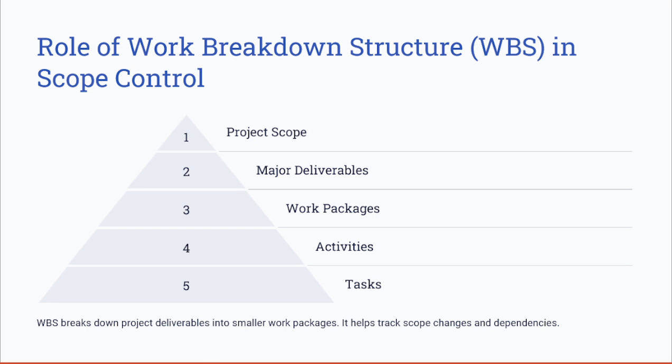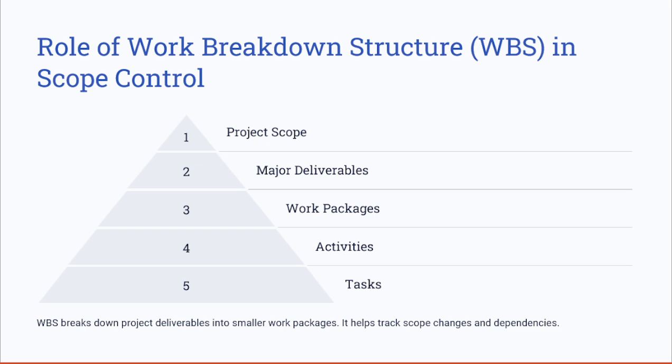Now let's see the role of the WBS, or work breakdown structure, in scope control, which is a very important, vital role. The work breakdown structure is a powerful tool in scope control. By breaking the project into smaller work packages, it provides clarity on the project deliverables, responsibilities, and dependencies.